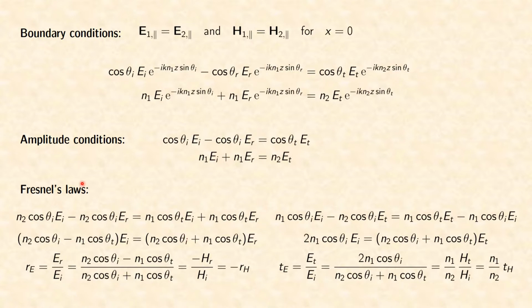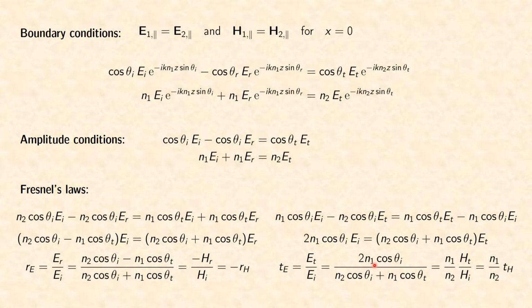So, in addition to the Fresnel law for reflection, we also have a Fresnel law for transmission, and we can derive that when we solve the second equation for ER and insert that in the first equation. Again, we end with an equation with 4 terms, and we sort them for EI and ET, and then we end with an expression for the amplitude transmission factor, which is very similar to the case of the TE wave.